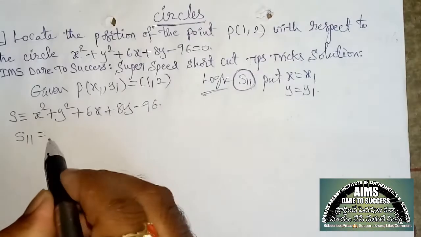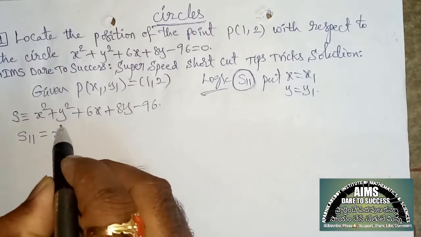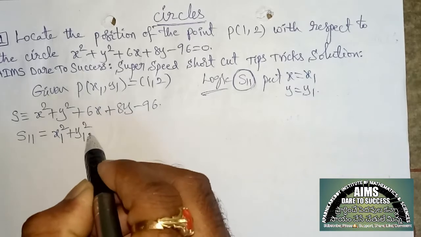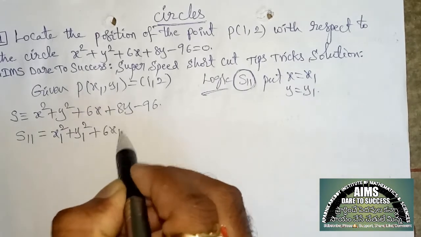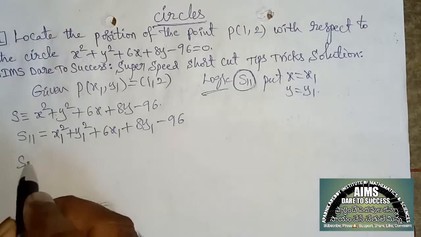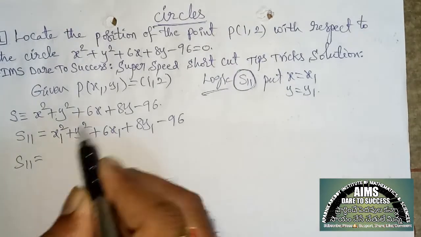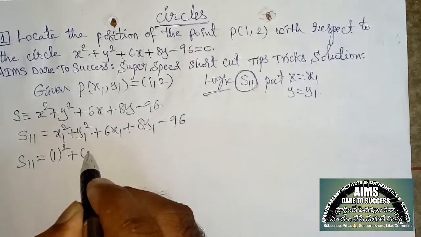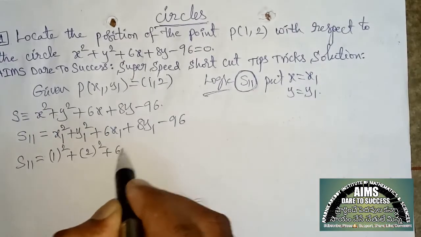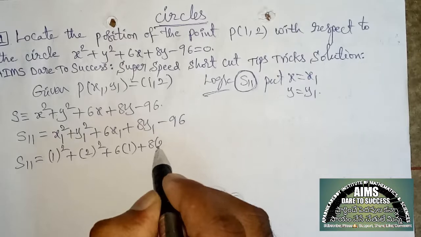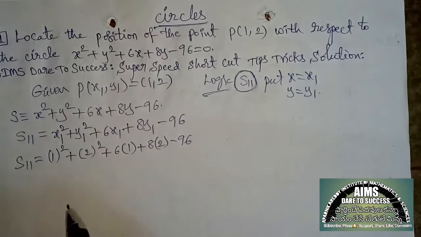Next, S11, substituting x is equal to x1, we get x1 square plus y1 square plus 6x1 plus 8y1 minus 96. So S11 value: x1 value is 1, so 1 whole square plus y1 value 2 whole square plus 6 into x1 value 1 plus 8 into y1 value 2 minus 96.